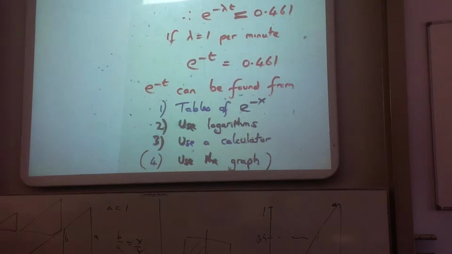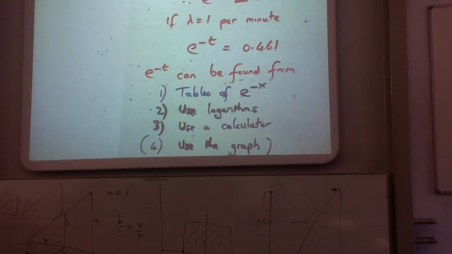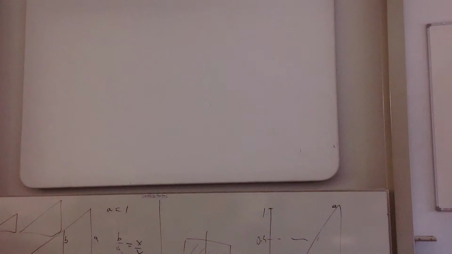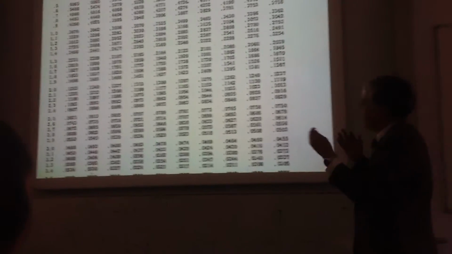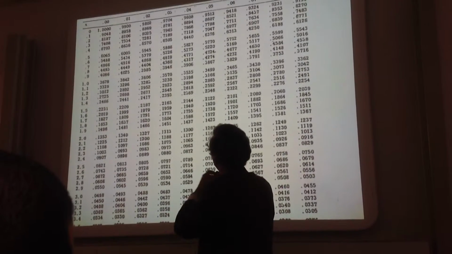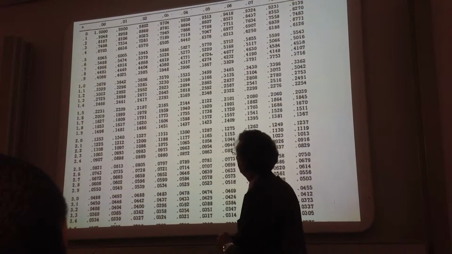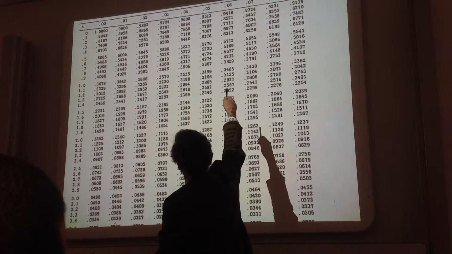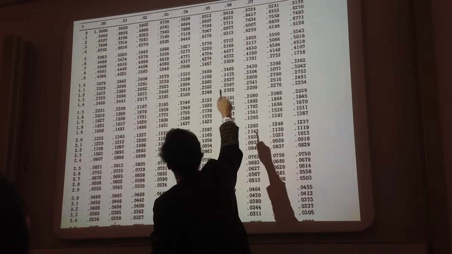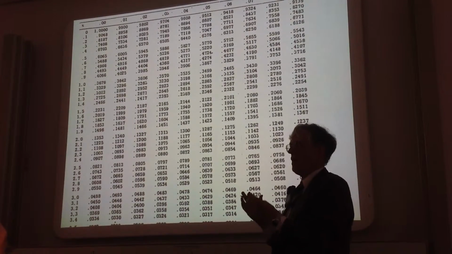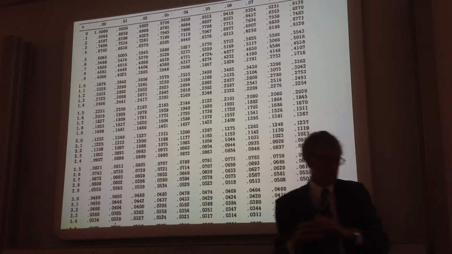What we're left with is trying to find in here where the answer is 0.461, and somewhere up 0.45, 0.46.